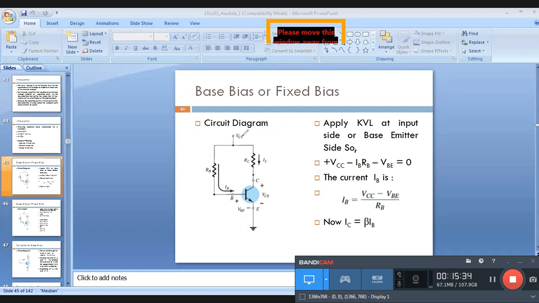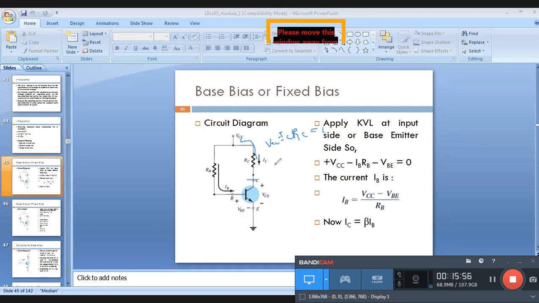You can apply KVL for VCC minus IC into RC is equal to 0. Don't consider the transistor. You can write VCC minus IC into RC equal to 0.